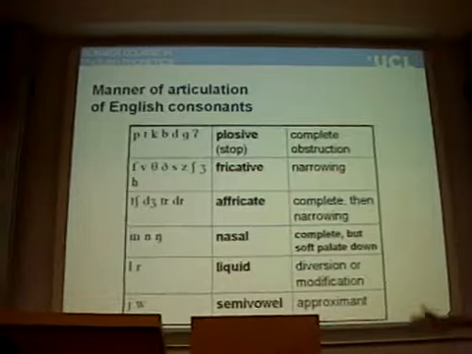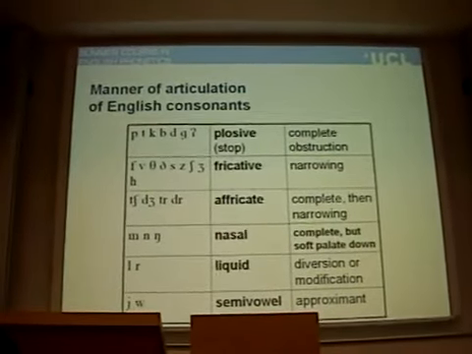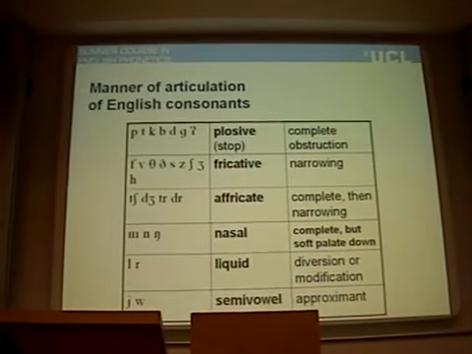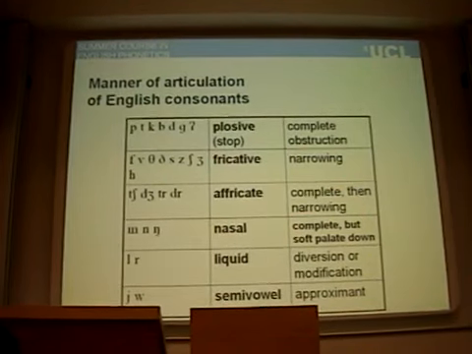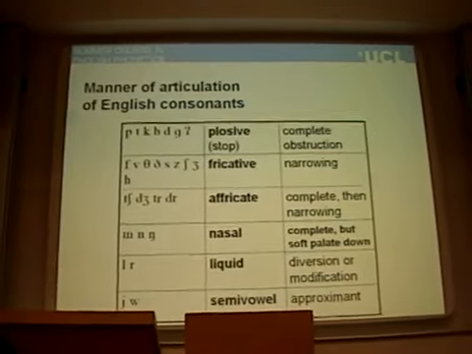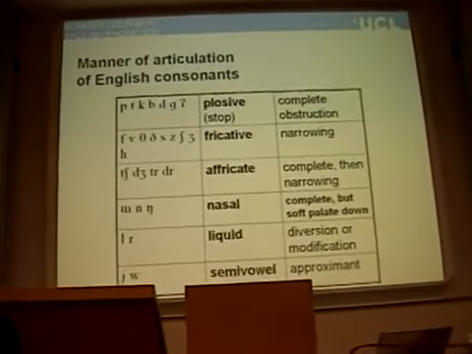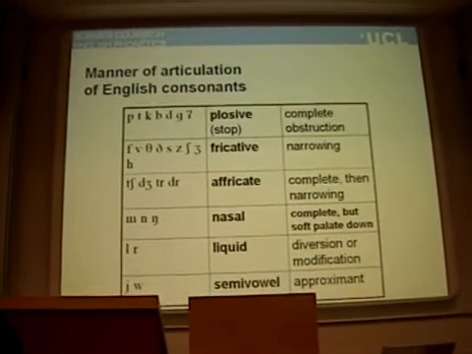So this now gives us a table of the different manners of articulation for the English consonants. We have the plosives, sometimes called stops, which have complete obstruction, including the raised soft palate. We have fricatives, which have narrowing. In the case of H, the narrowing is perhaps not more than approximant narrowing, and that's at the glottis anyhow.